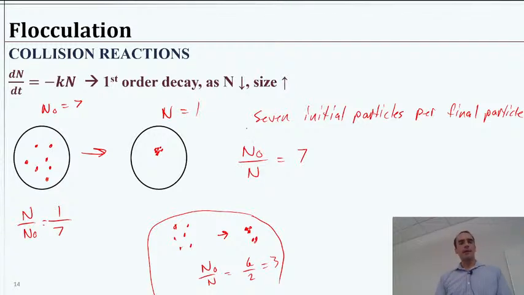So to get that mass balance, we need this k, right? So this will have to do with those collisions, and we're going to do a mass balance so that we can figure out how many are there, so we can figure out their size, so we can figure out if they sediment. And to do that, we need this k, which we already started on, saying, okay, the mixing intensity is important. Well, there are a couple other things important, and I have another set of slides for that.